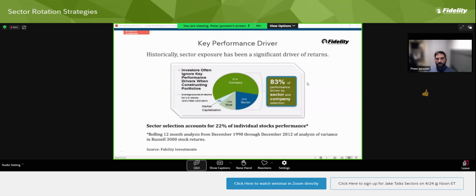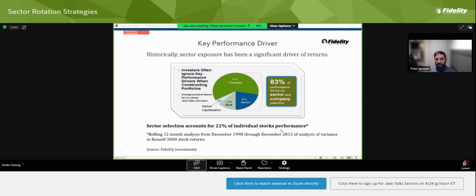And what this is designed to do is actually show us, at least from the sample size, a rolling 12-month analysis, and I want to give these disclaimers, a pretty large sample, you'd have to argue, roughly 22 years of analysis on a large sample of stocks. The whole point is that this sector selection can account for a large fraction of those individual stock performances. And we all know what that's like.